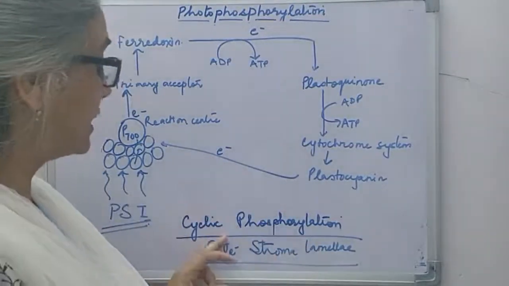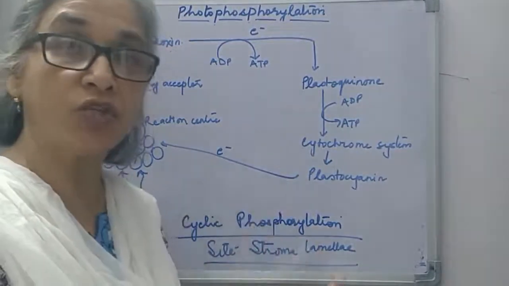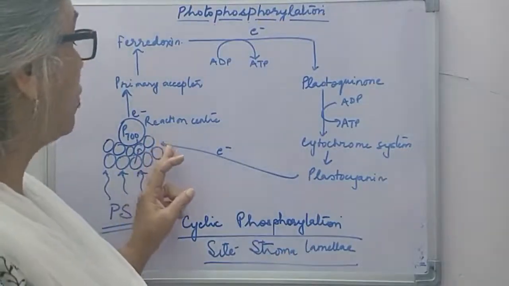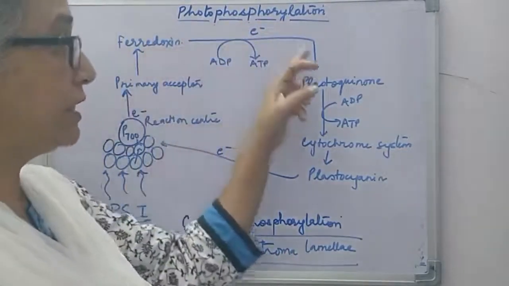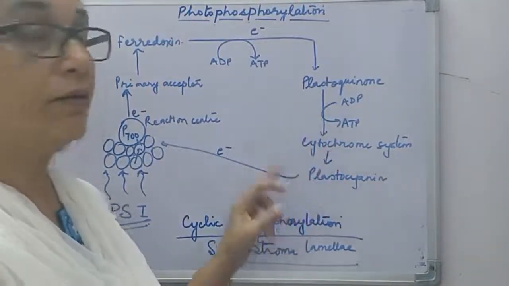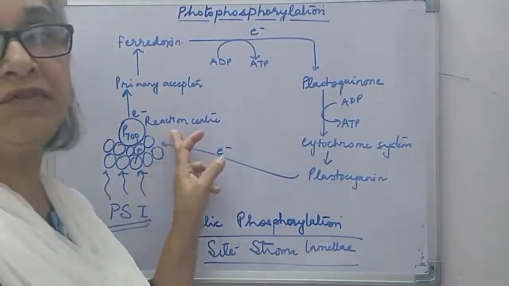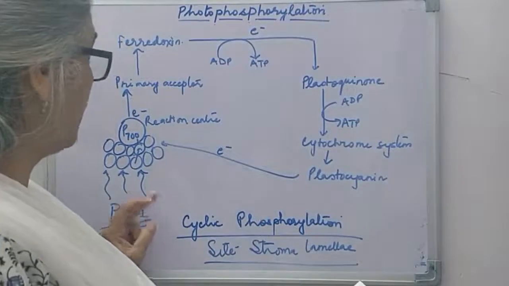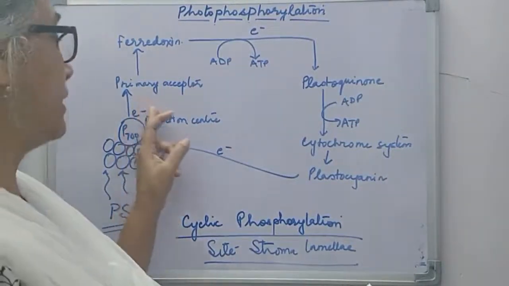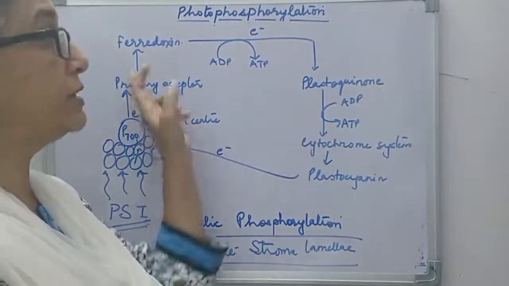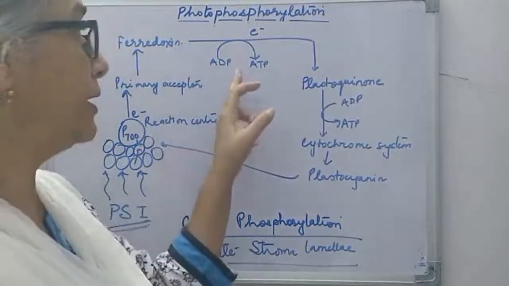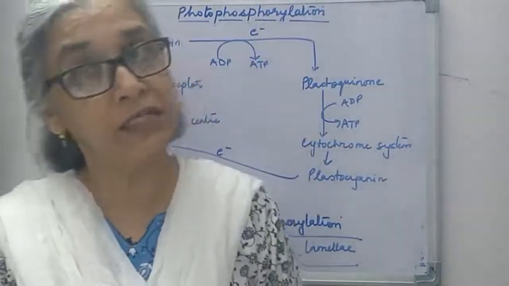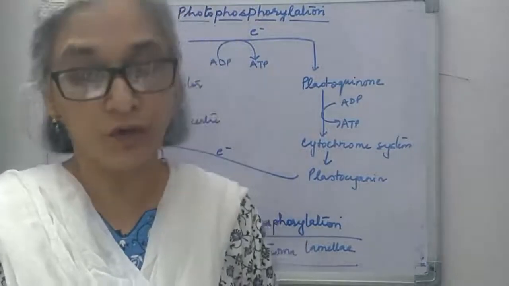In cyclic photophosphorylation, NADPH is not formed, only ATP is formed, and the electron is returned through a series of electron transporters back to reaction center P700 so that it can return to its ground state, because it had become excited on absorption of a photon and had released an electron. This electron is then returned and ATP formation takes place. That is why we call it phosphorylation, and because it takes place in the presence of light, we call it photophosphorylation.